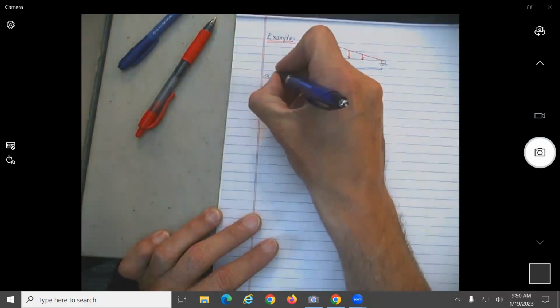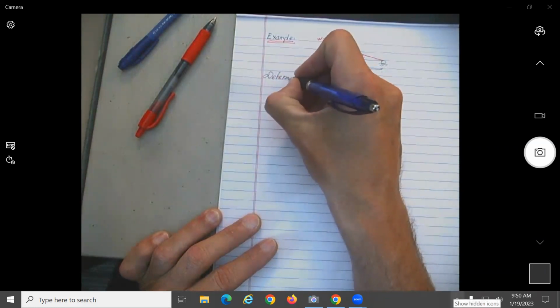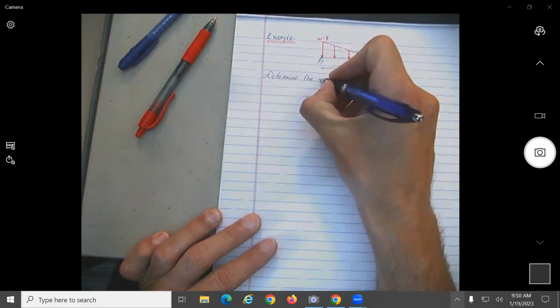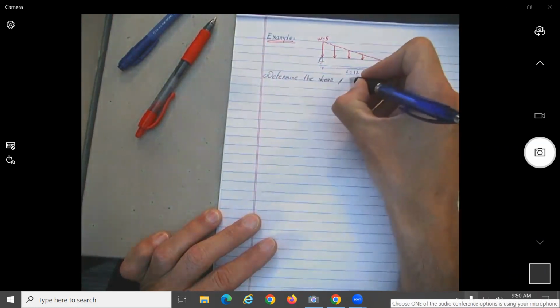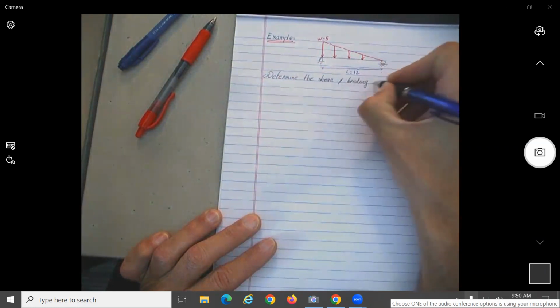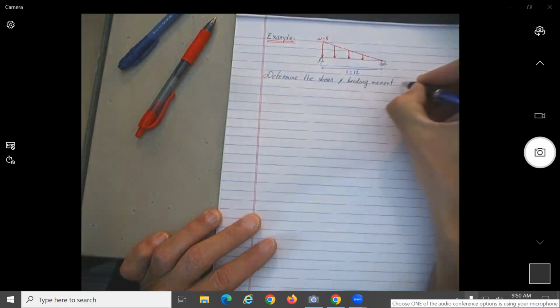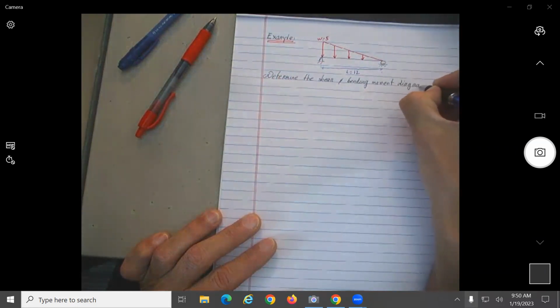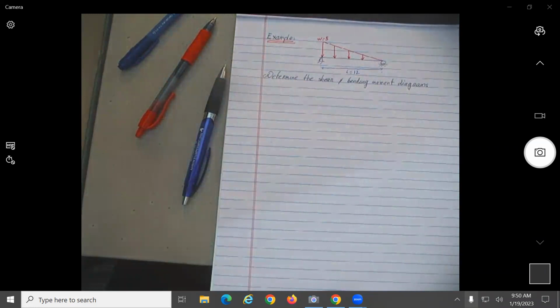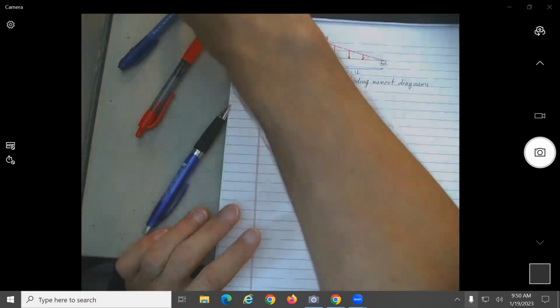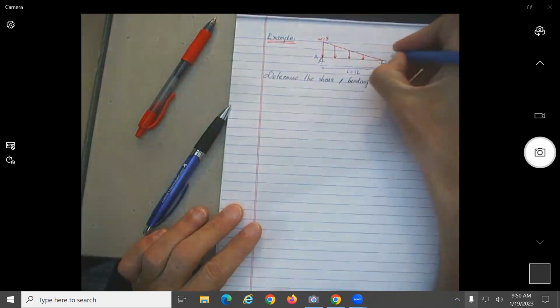Okay, so over here we again want to determine the shear and bending moment diagrams.